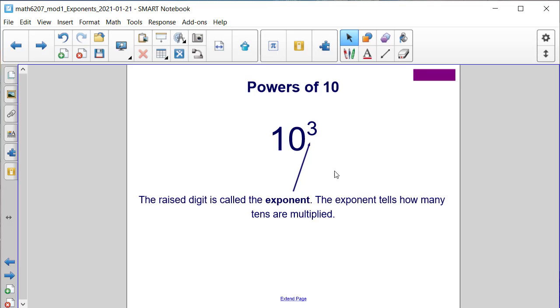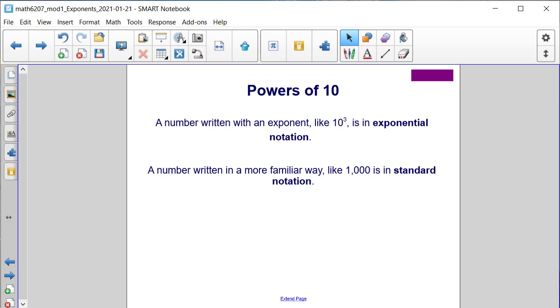The raised digit, or the number that's in a superscript style text, is called the exponent. The exponent tells us how many times 10 is multiplied by itself. A number written with an exponent, like 10 to the third, is in exponential notation.